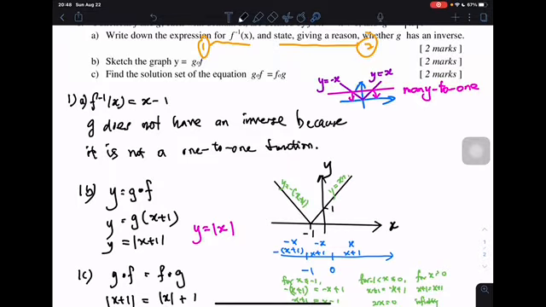In fact, if you check y equals modulus of 2x plus 1 and 2x plus 2, the shape will be the same, except that the y-intercept will be different. So you have to be very careful to label 2 to fix down the point. If the mark scheme is a little bit strict, then you won't be able to score it.